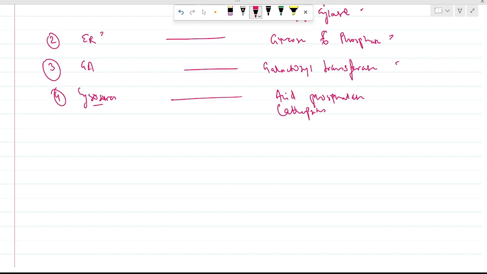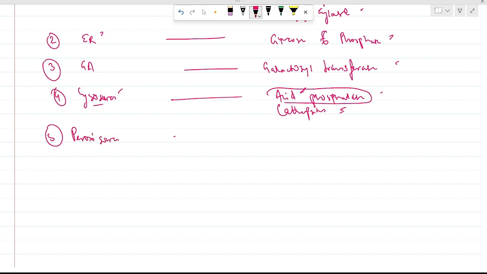Lysosomes, easily remember: we discussed the inside of the lysosomes is acidic, so the enzymes are known as acid hydrolases and acid proteases. So with acid phosphatase, the word acid we can remember, along with the cathepsins, are marker enzymes for lysosomes.